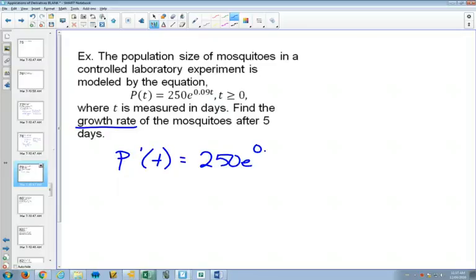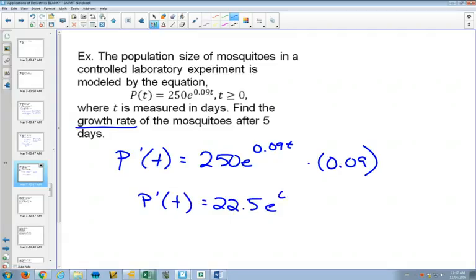The derivative of e is itself. Do you see that you have a chain rule here? And you'd have to multiply by 0.09. If we do that, we get that function.